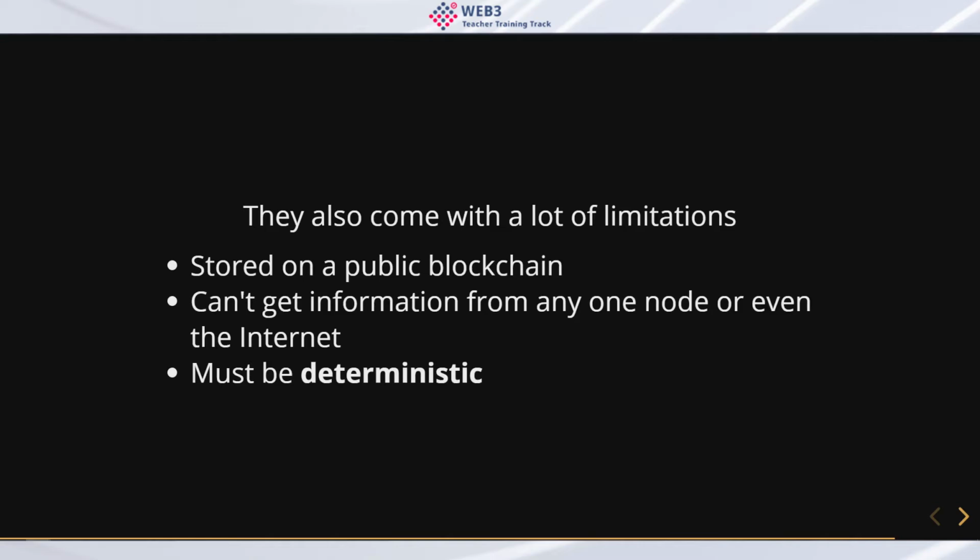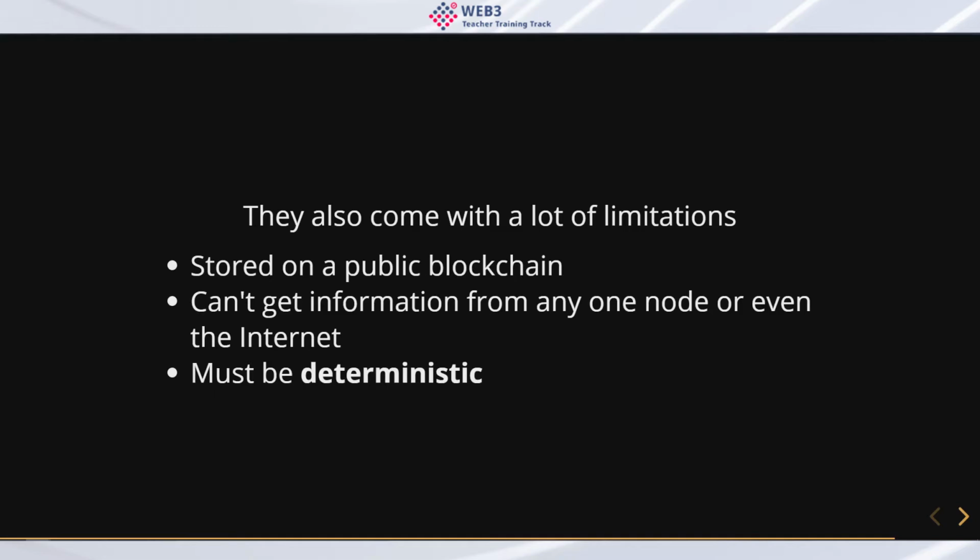But since these smart contracts live on the blockchain, on the Ethereum network, and not on any one computer or any one node, that means that when they're executed, because they have to be executed in the context of the network, you can't actually get information from any specific node or from the internet. You can't make a network request and say, hey, what's the weather like today?